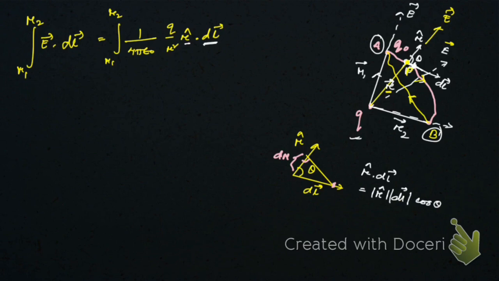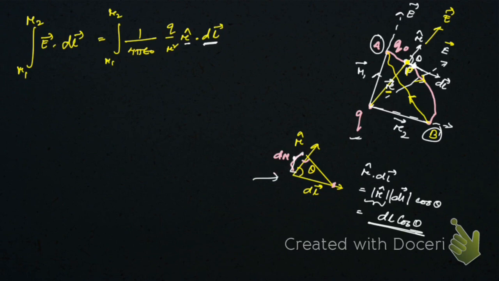Now you see R cap is a unit vector, so its magnitude will be 1. So we have got the magnitude of dl vector and cos theta, right? dl cos theta. Now from this diagram, what will be dl cos theta?